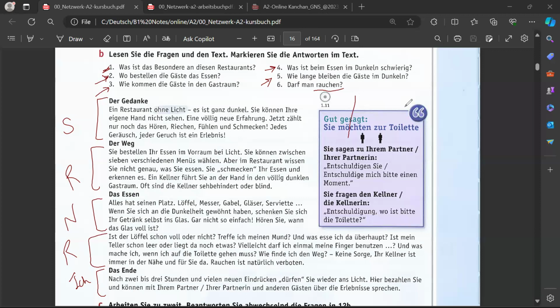Here you pay, and you can talk with your partner and other guests about the experience. Okay, so this is something really interesting, how people work in a dark restaurant and have fun there.